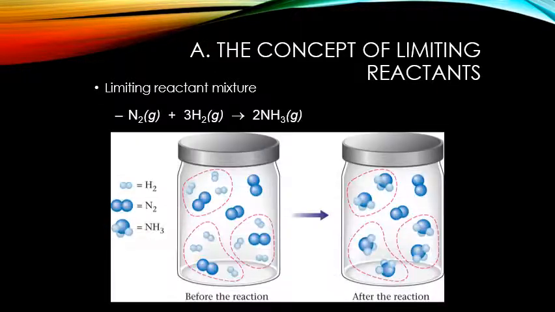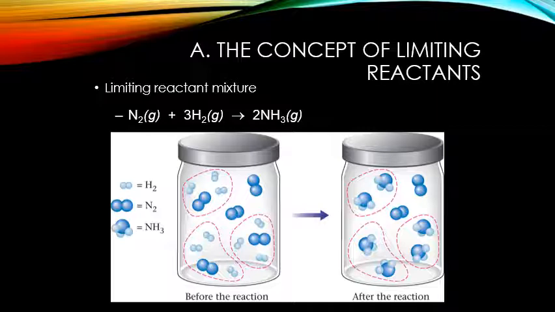As we now turn our focus to a non-perfect stoichiometric mixture, or a limiting reactant mixture, using the same example, I have in this case 5 molecules of N2 and 9 molecules of H2.